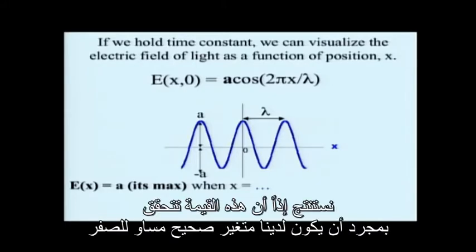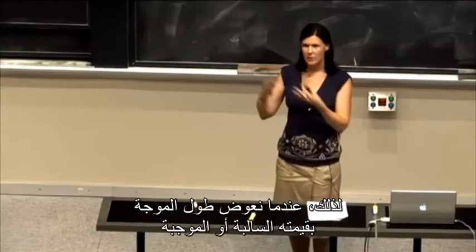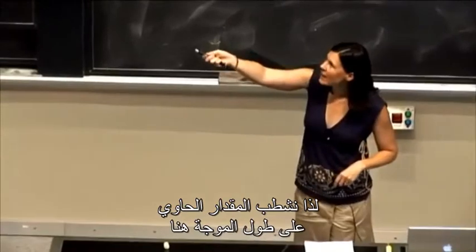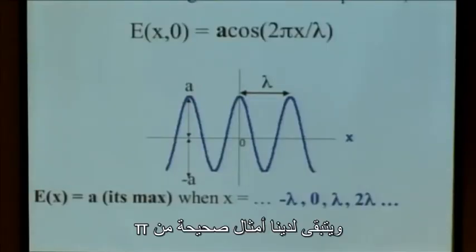So we can do that basically any time that we have an integer multiple of the wavelength. So for example, negative wavelength or positive wavelength or 2 times the wavelength, because that lets us cross out the term with the wavelength here, and we're left with some integer multiple of just pi.